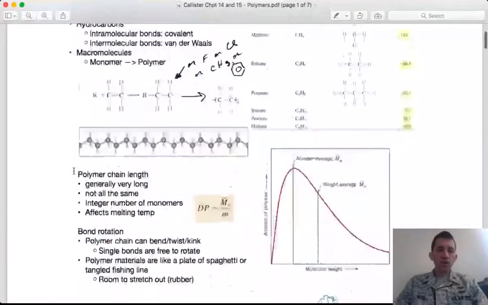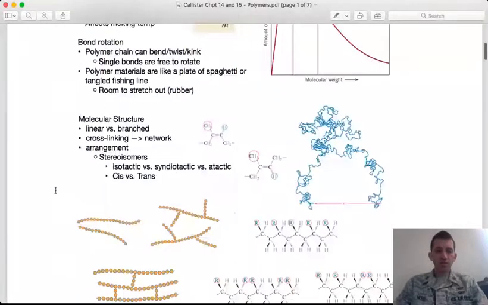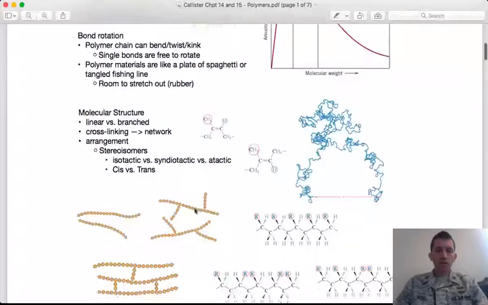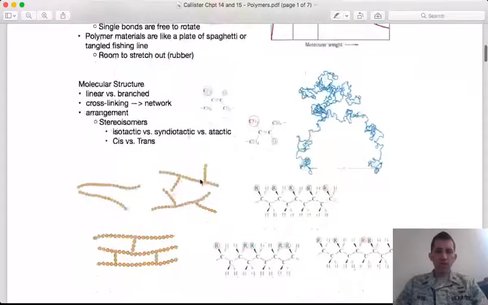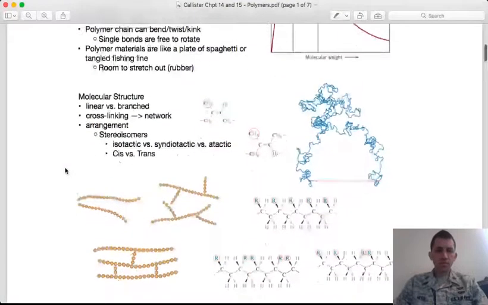But if you had a more complex monomer, say one with 2 double bonds, then you could potentially polymerize in more than one direction, and that would produce a branched polymer chain, where you would have these branches and side lobes, I suppose.